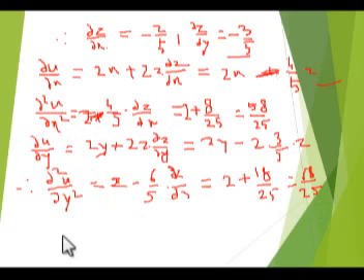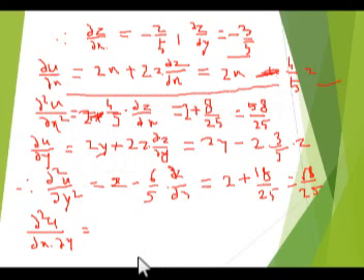So now we also have to find del square u by del x del y. We will differentiate this with respect to y, then it will be minus 4 by 5 del z by del y. What will be its value?